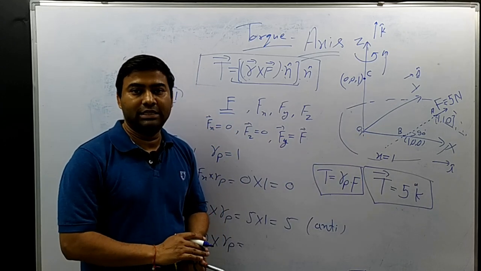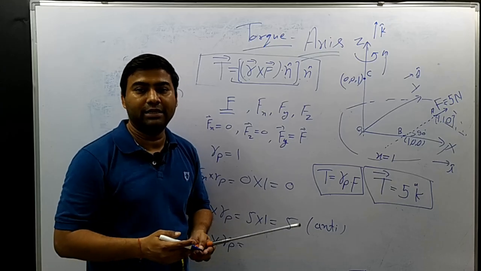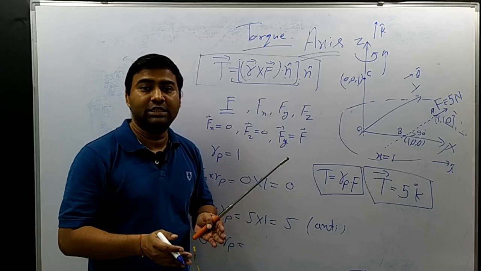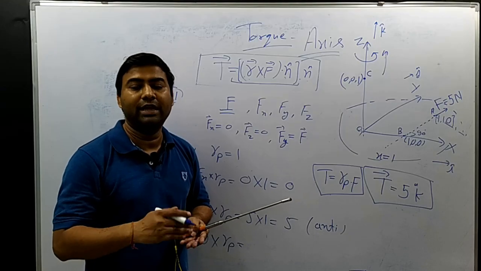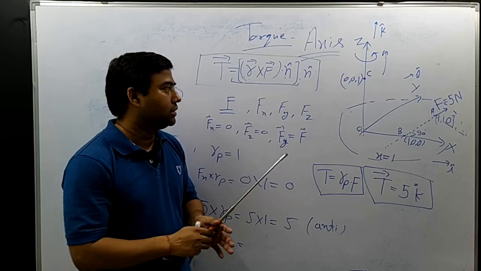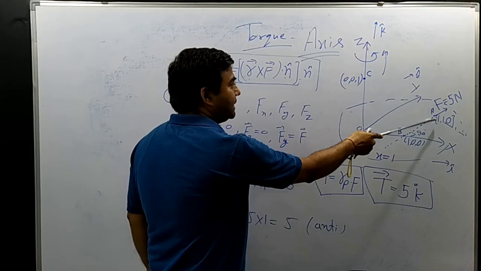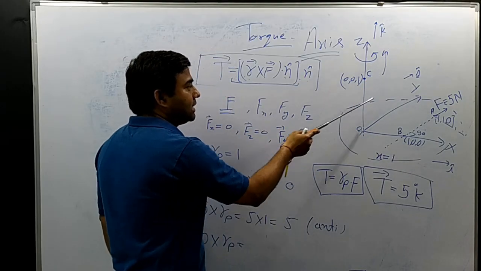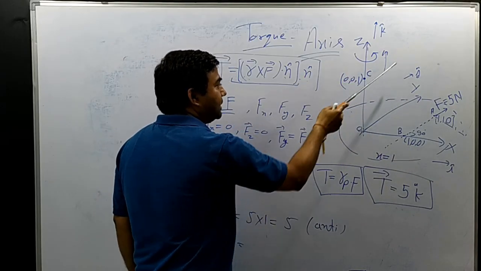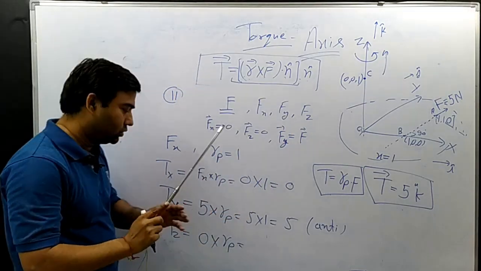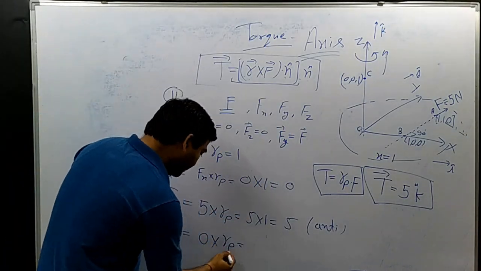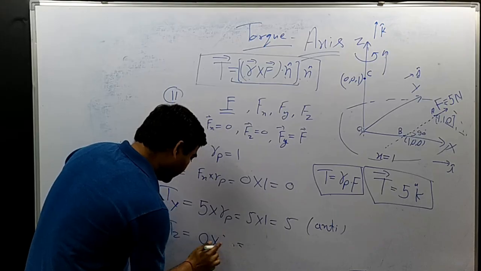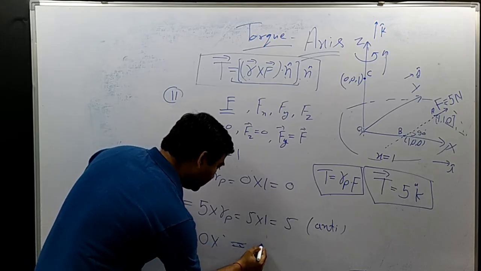Earlier we have seen in a special case that a force which is parallel to the axis will have 0 torque, because this Fz is parallel to the z-axis, hence the torque of Fz about the z-axis will be 0. Fz is 0, hence it will be 0.